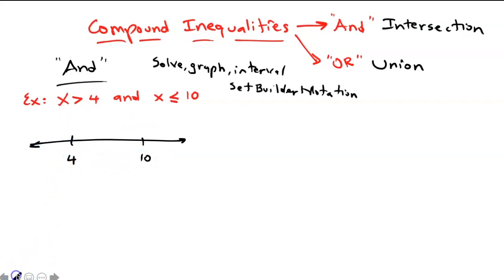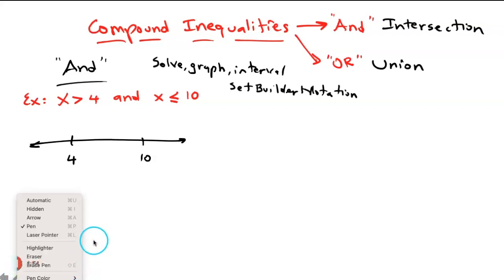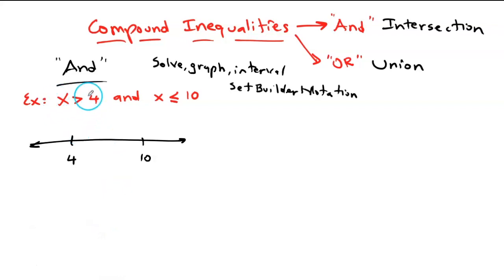Let's change the color and go with green. X greater than 4: open circle because it has no equal, and greater goes to the right.